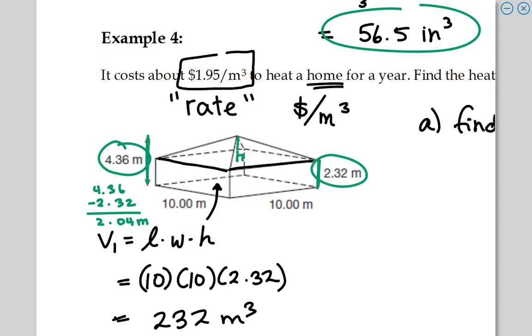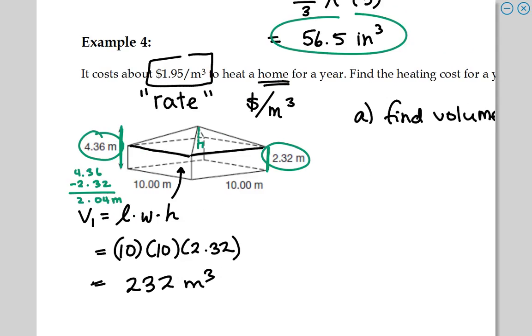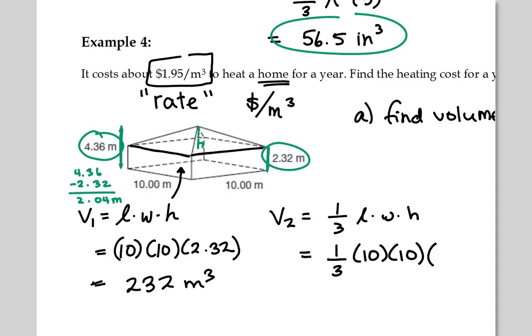Okay, so when you go to do volume 2, 1/3 LWH, you have 10 by 10 by 2.04.